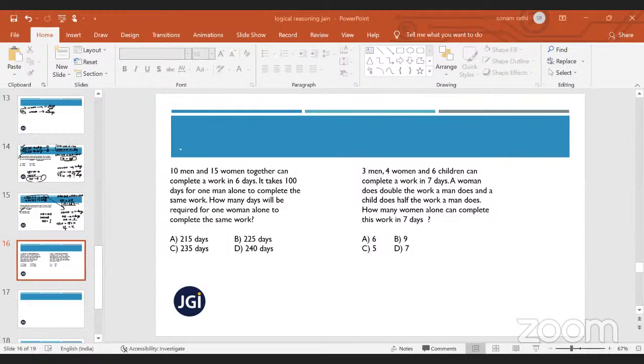In question number 1, you will get 4 men is equal to 9 women. Check your answers. 4 men is equal to 9 women.